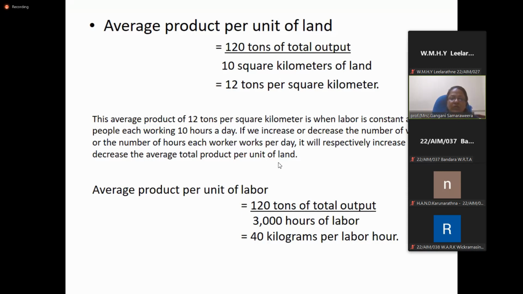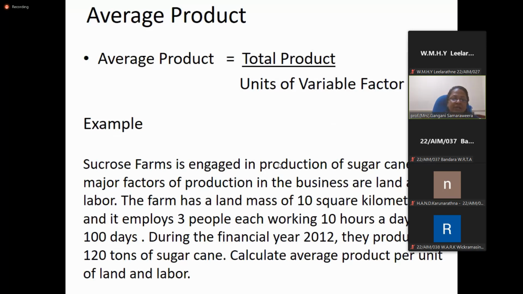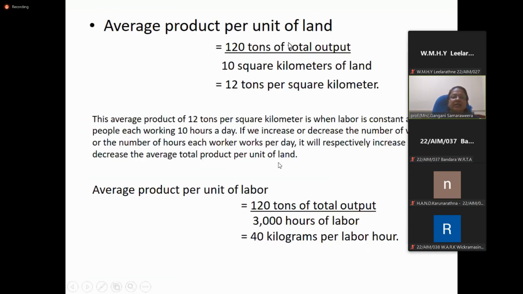No need to take the labor here; you have to consider the land. If there are 10 square kilometers of land and you are getting 120 tons of total output, average product per unit means you divide by the number of units, that means 10 square kilometers.